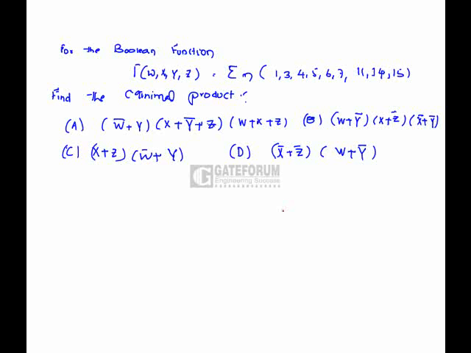For the Boolean function given below, we have to find out the minimal product, that means the maximum equation in terms of POS form, product of sums. In order to find that, we have to use the K map for this one.